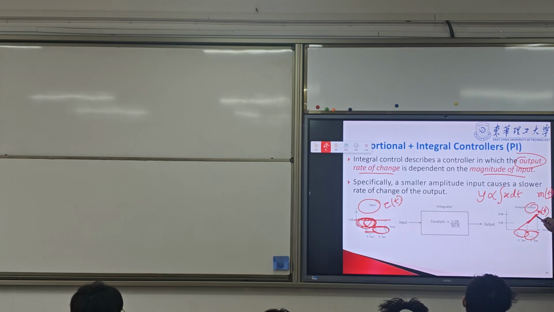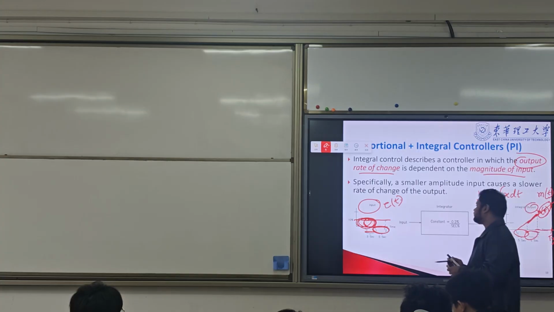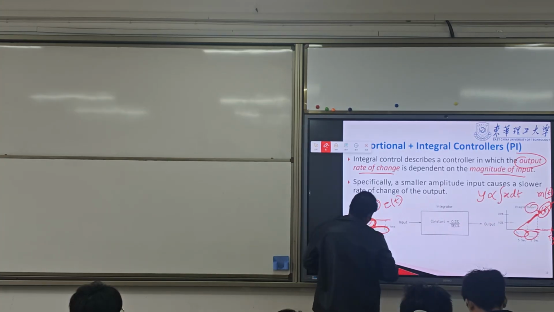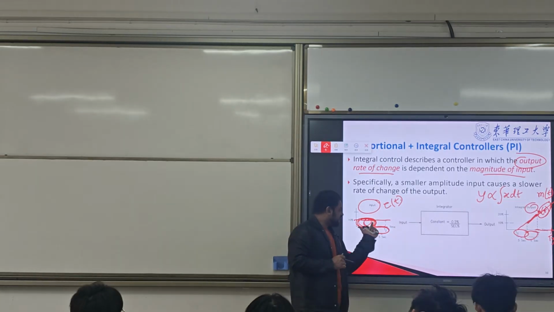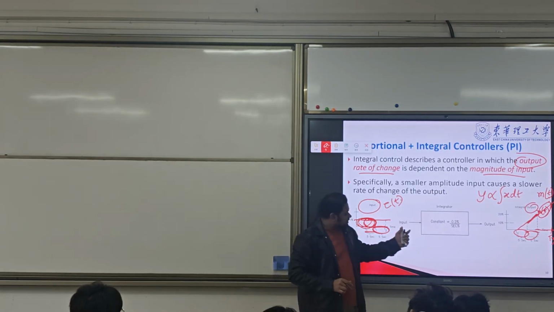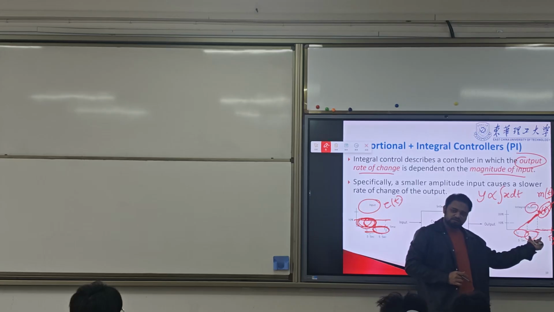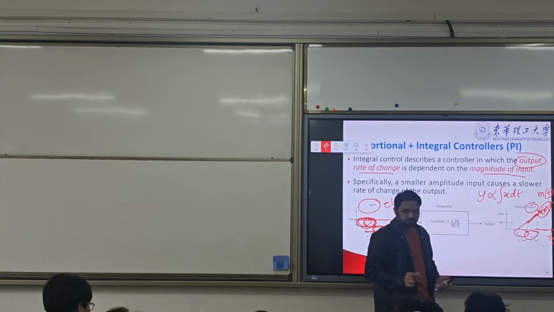Then T3, it will be even higher, so it will increase, because it is changing in this way because of the integration. So if the error is small, then the changes in output will be smaller.